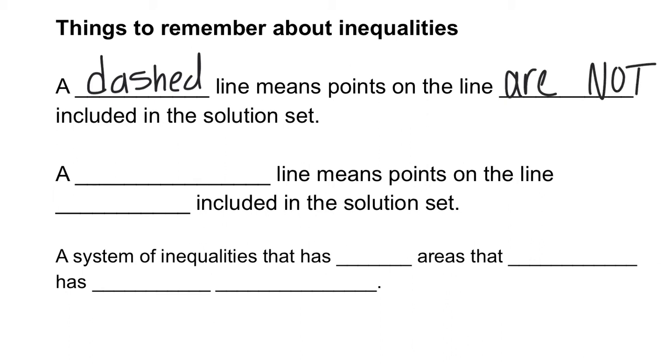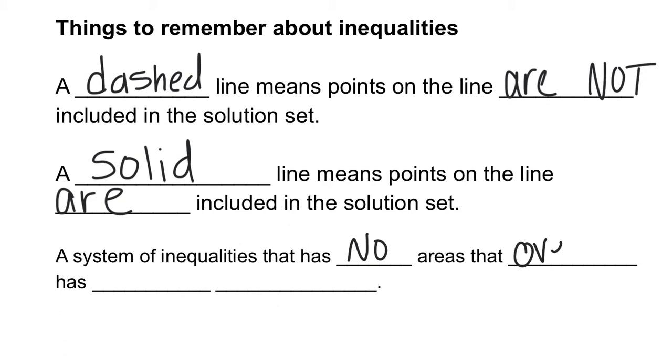A solid line means points on the line are included in the solution set. And if you end up with a system that has no areas that overlap, then it has no solution.